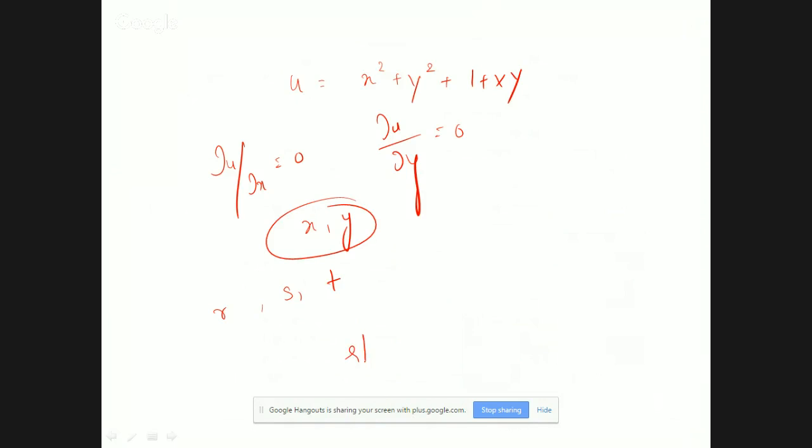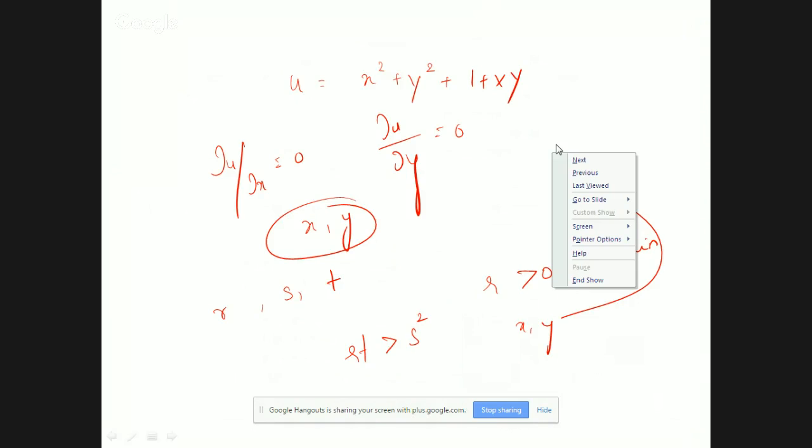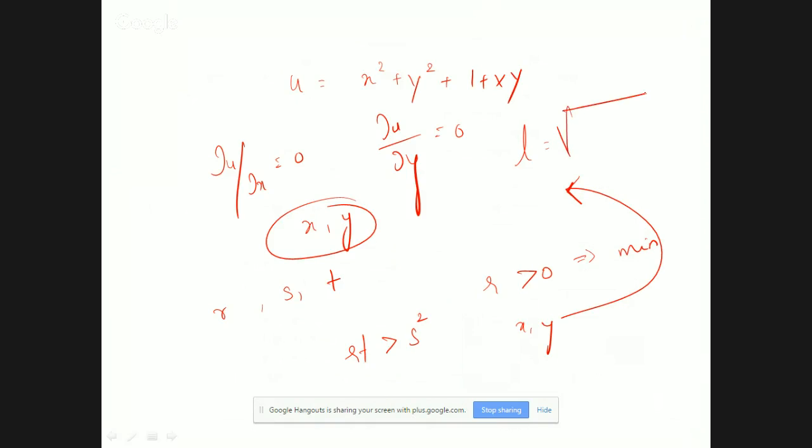Definitely in this case, if rt is greater than s², then you have maxima or minima. Find out r is greater than 0 means it is going to be minima. Then substitute this value of x and y in the surface function, in the L you have found under the root, and then you can get the distance. So here the catch point is the minimum distance.